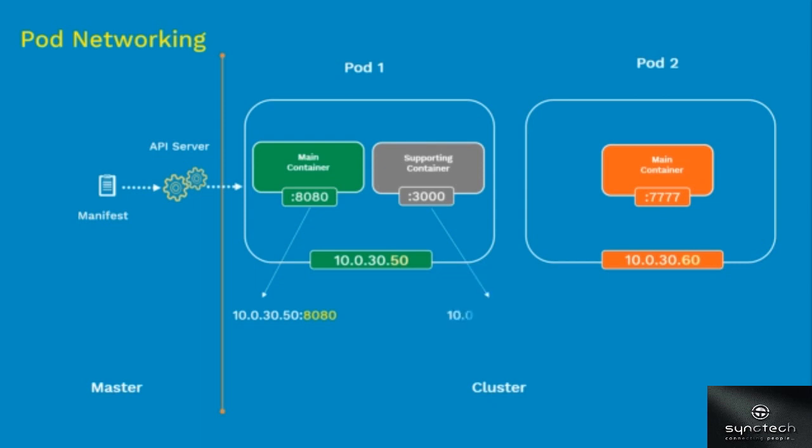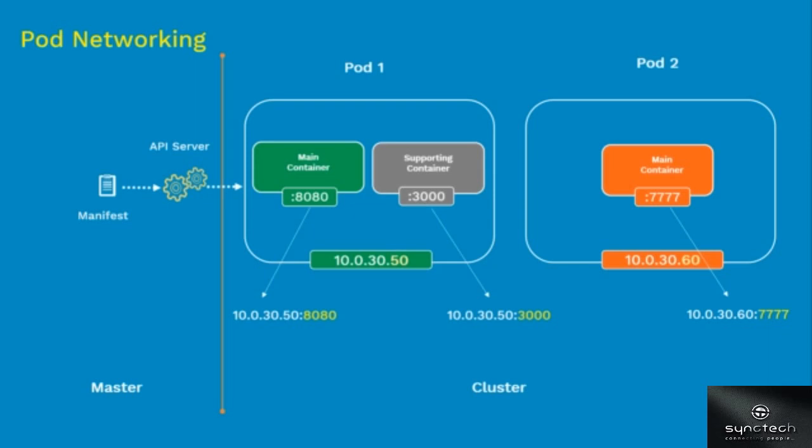So how do the containers inside the pod communicate with the outside world? There is something called a network namespace. All the containers inside a pod operate within that same network namespace as the pod, which means all these containers inside the pod will have the same IP address.